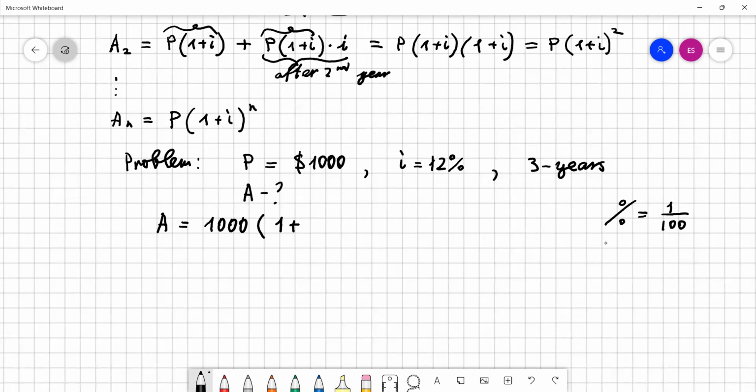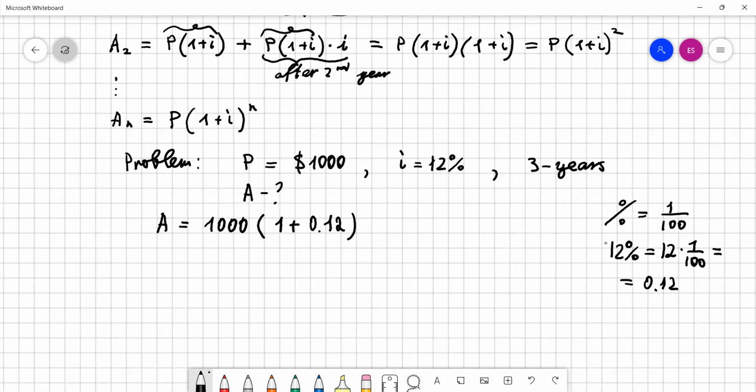So when you write 12%, you actually mean 12 times 1 over 100. And if you divide 12 over 100, you're going to get 0.12. You don't always need to do this multiplication over 1 over 100. You can just move the decimal point 2 places to the left. The formula has it in parts of units, not in percents.